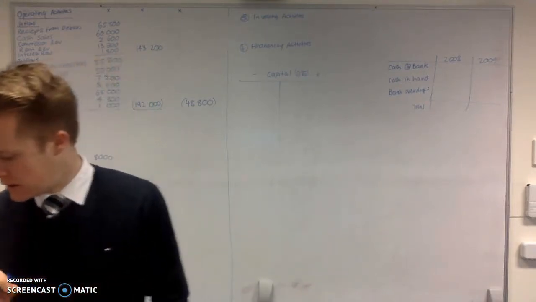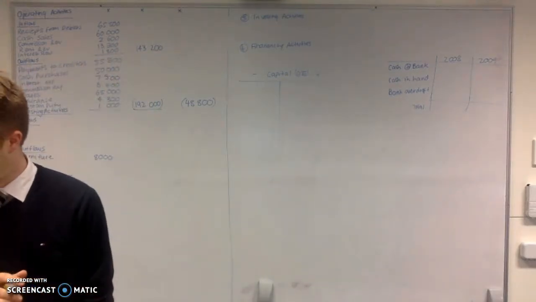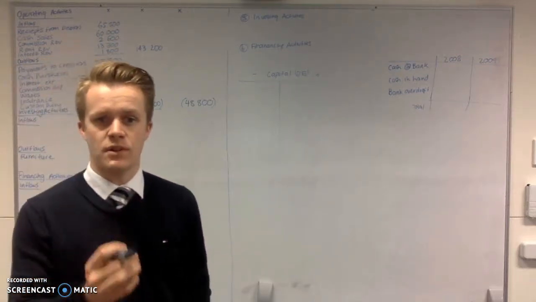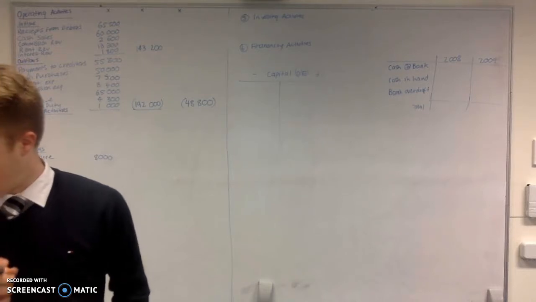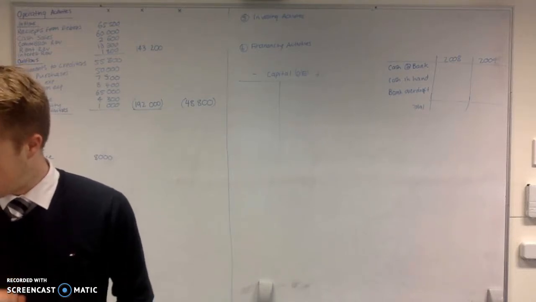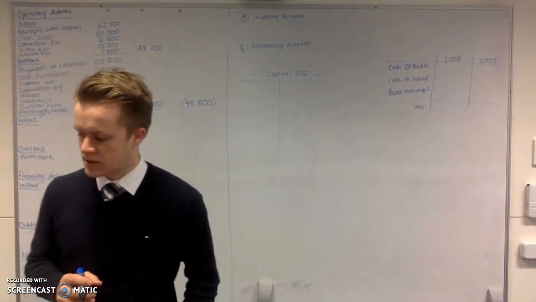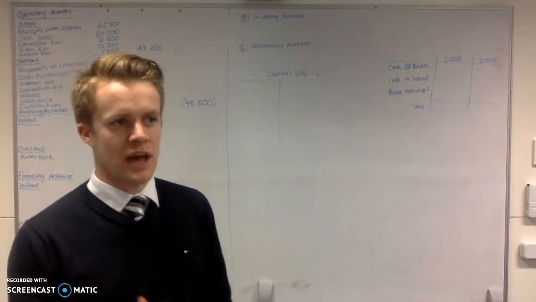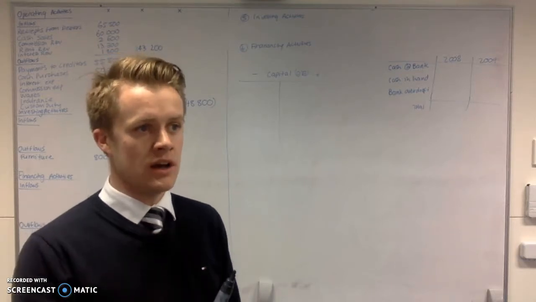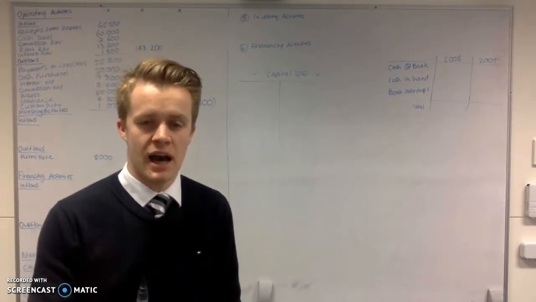Key thing here is, at the bottom of the statement, under additional information, and you have to look out for this, it says the owner has contributed $7,000 cash and a car worth $5,000 to the business. So what's actually happened then is the owner has contributed a car.